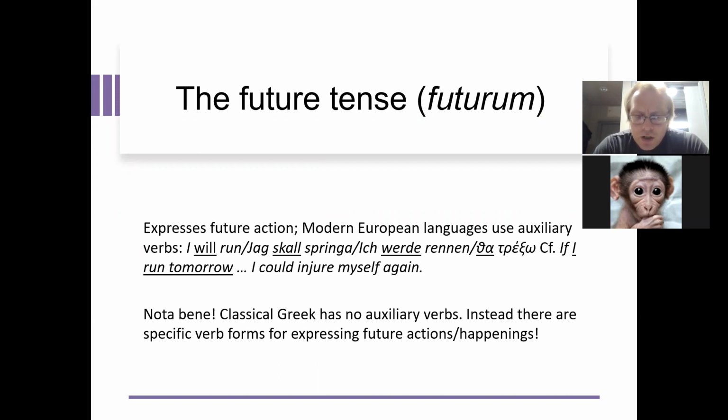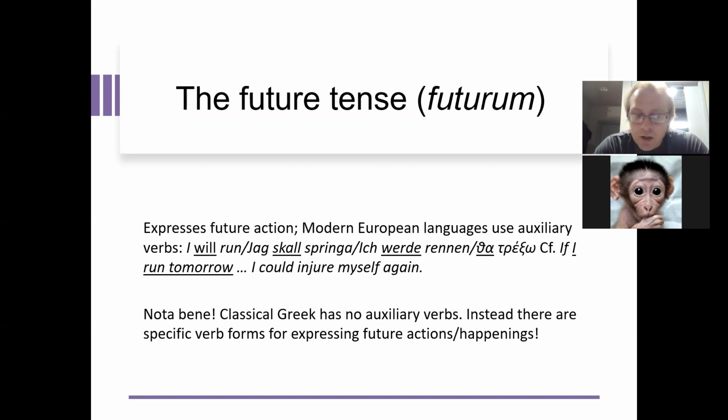Likewise, in Swedish, we can add the auxiliary verb skall to a phrase in the present indicative. Jag springer thus becomes jag skall springa. And in German, we can add a form of werden to the phrase ich renne, and thus get the future ich werde rennen.